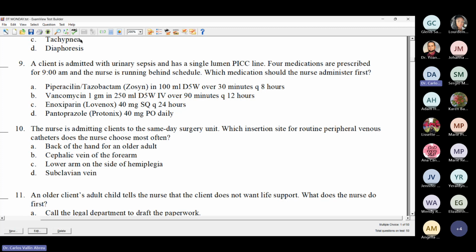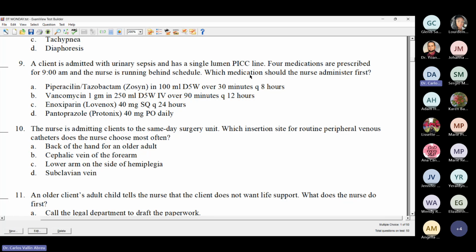But the question is very specific. It's the question of management, what you administer first, knowing that you only have one catheter. It's 9 a.m. and running behind.